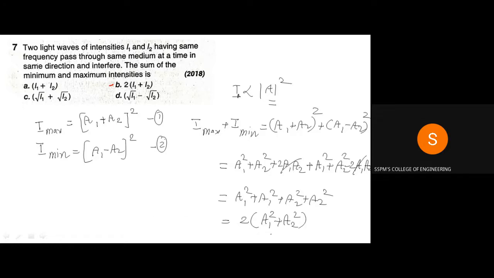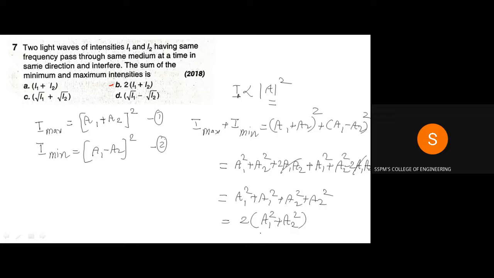Fine. But here they are asking in terms of intensities. Intensity of first wave is I1 of amplitude capital A1. Intensity of second wave is I2 with amplitude A2 of second wave.